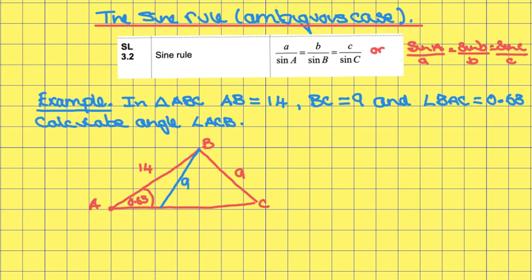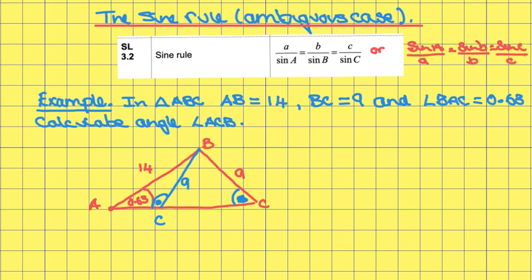And this time we've got two different triangles. In the first triangle, this angle ACB is acute. Well, in the second diagram, the angle is obtuse.